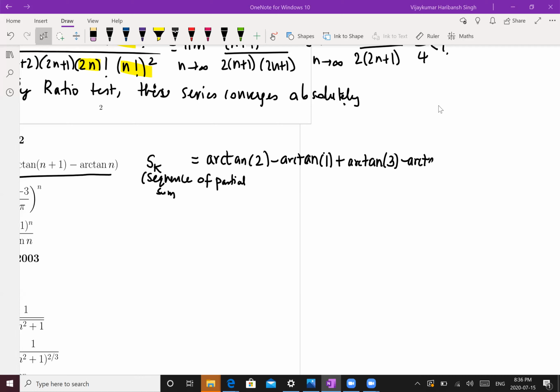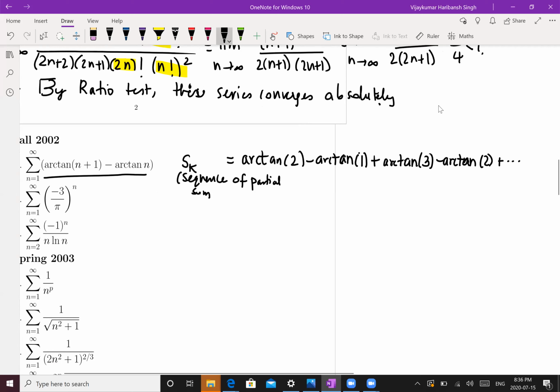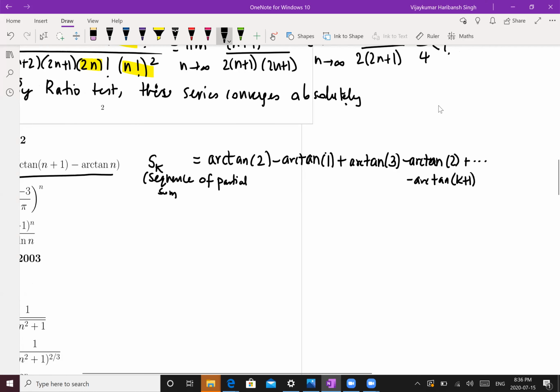So you will have tan inverse of 2, dot dot dot. The last term would be S_k, so arctan of (k+1) minus arctan of k. Now all these terms will get cancelled.